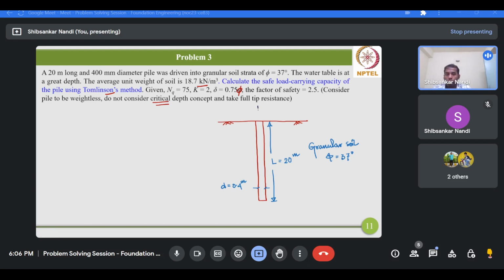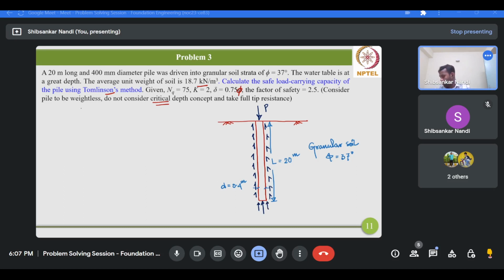When a pile is subjected to a compressive load P, it will be resisted by two components. One is friction along the periphery, the surface of the pile, skin friction, and the other component is point bearing resistance. The resistance you can derive from these two parts, the point bearing resistance and the skin friction resistance.